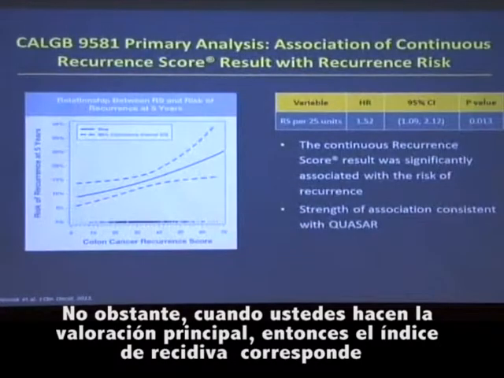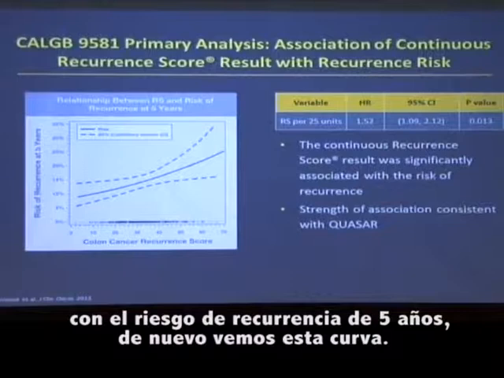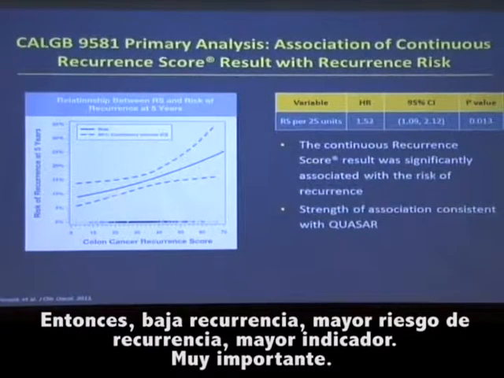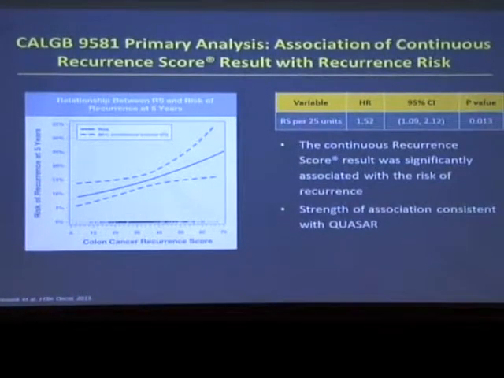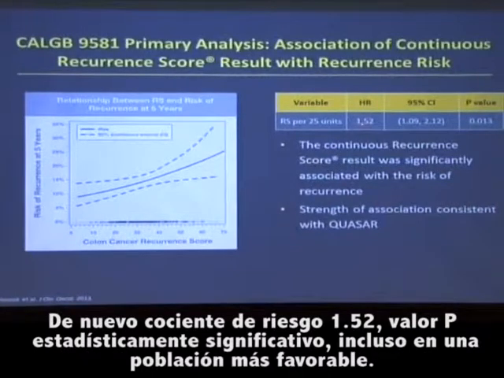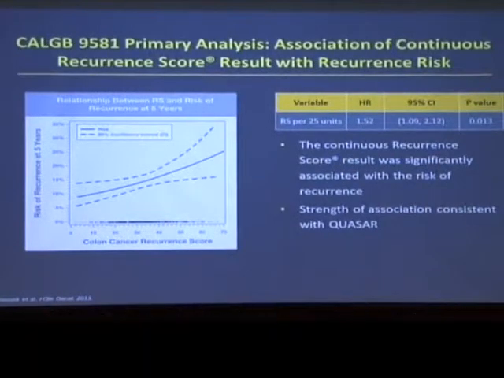Nonetheless, when you did the primary analysis, primary endpoint, does the recurrence score correlate with recurrence risk at 5 years, you again see this curve, okay? So low recurrence, high recurrence risk, higher score, okay? Very important. And again, hazard ratio 1.52, statistically significant p-value, even in a more favorable population.